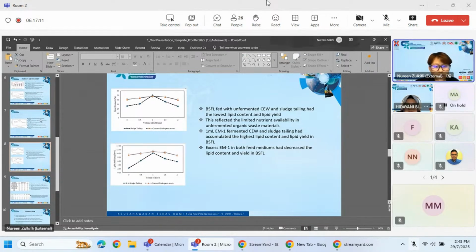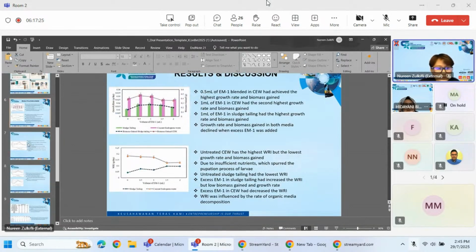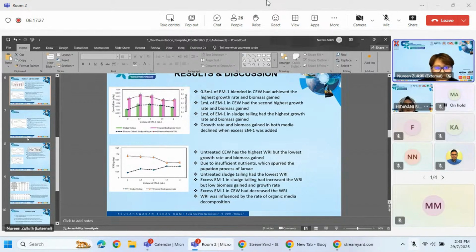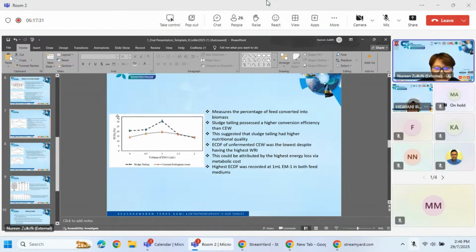So basically, I confirmed the optimal condition from certain conditions. Let's say from ECDF, that means how much the feed is being converted into biomass. The feed being converted into biomass, which is ECDF, is actually related to the lipid content.